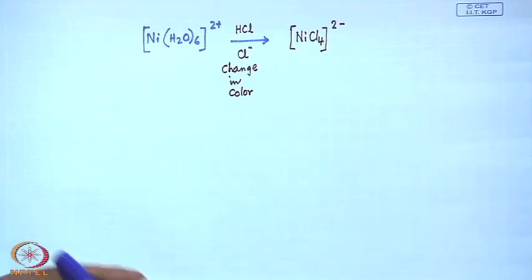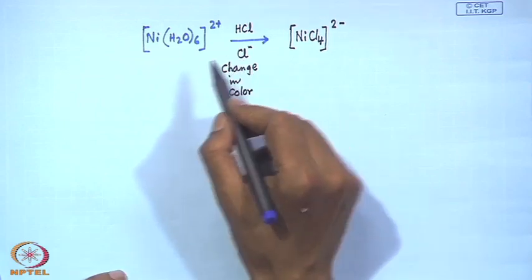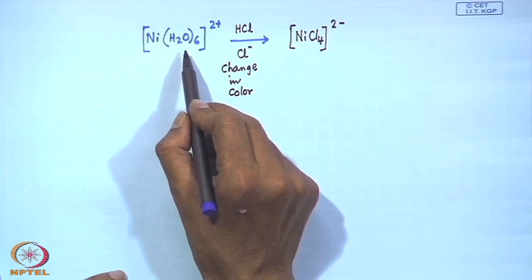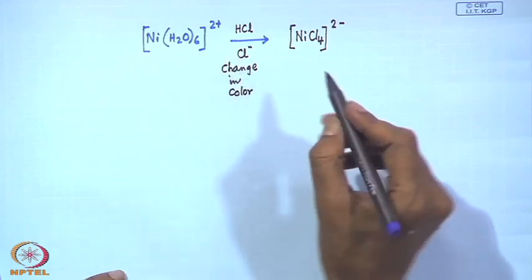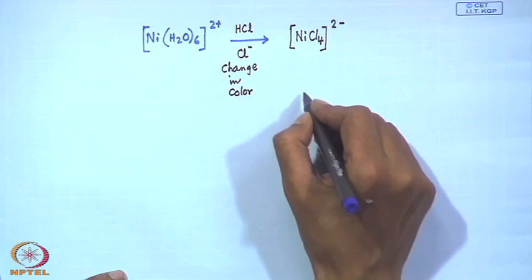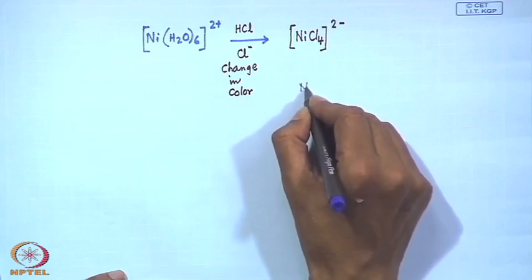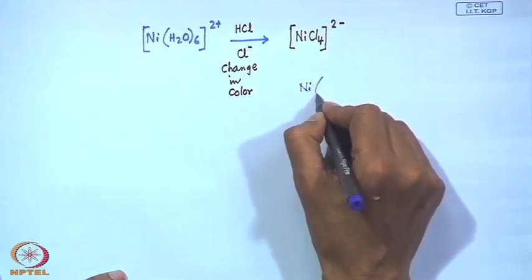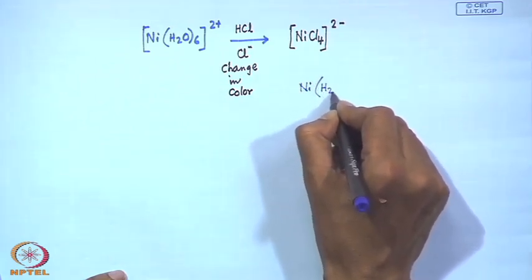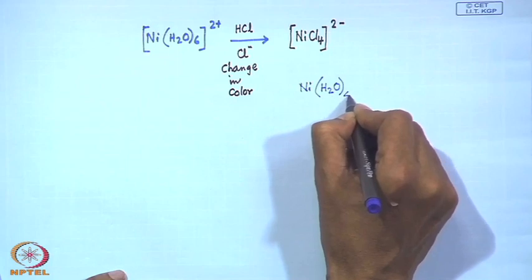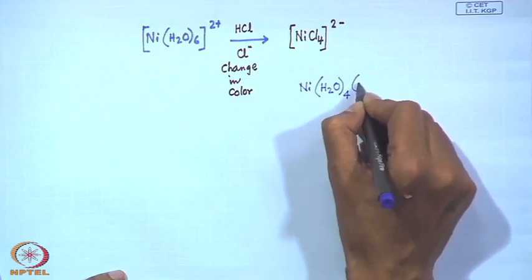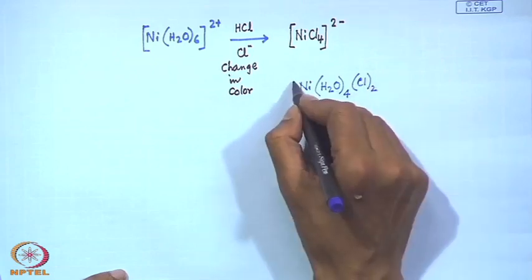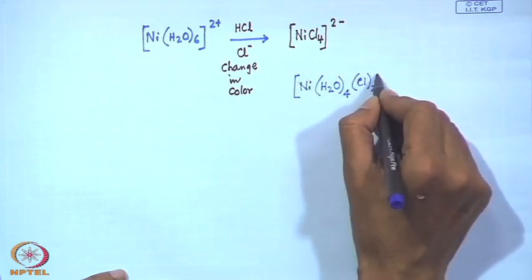Why is the change in color taking place? Because Cl minus is substituting all 6 water molecules around this nickel center one after another, and we are not getting any species where 4 water molecules remain and 2 are substituted.